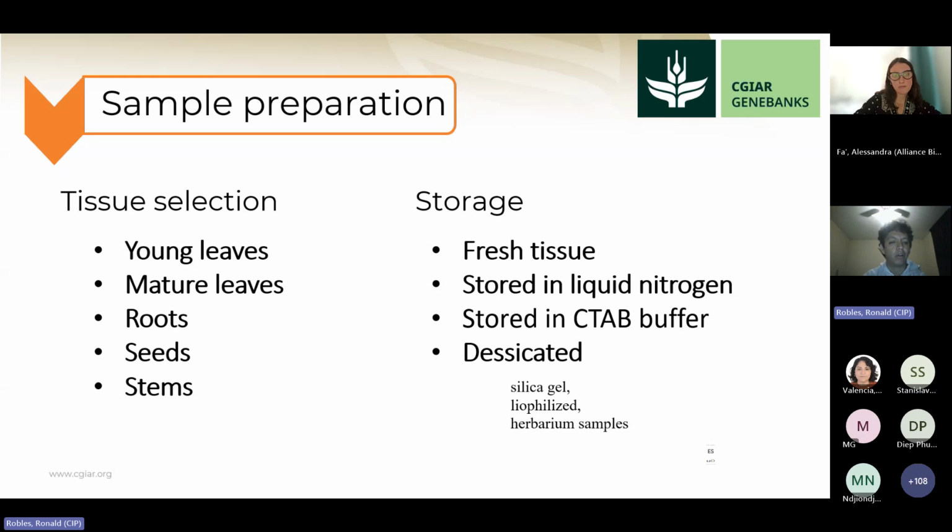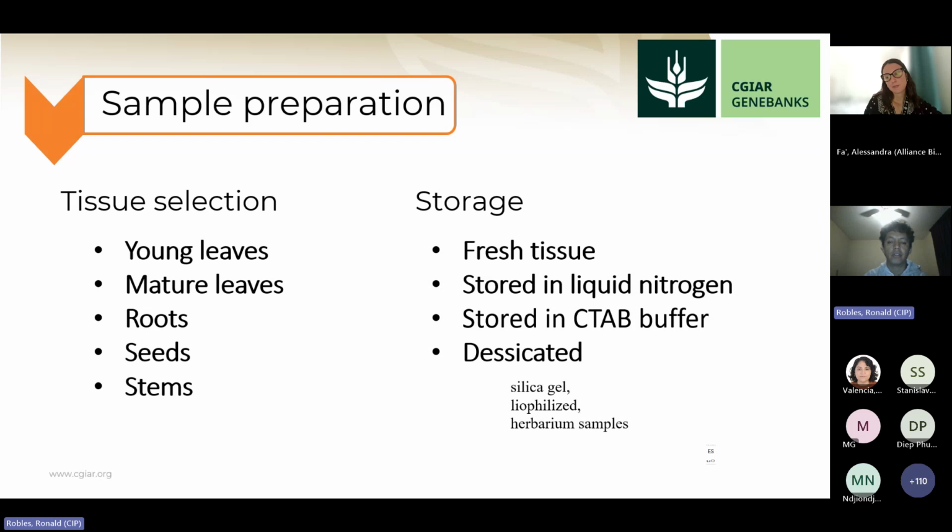But you can also work with mature leaves, with root, even seeds, stems. When you are starting a project with one species, it's better to make sure you try this first step to analyze and look at which tissue is better for you.